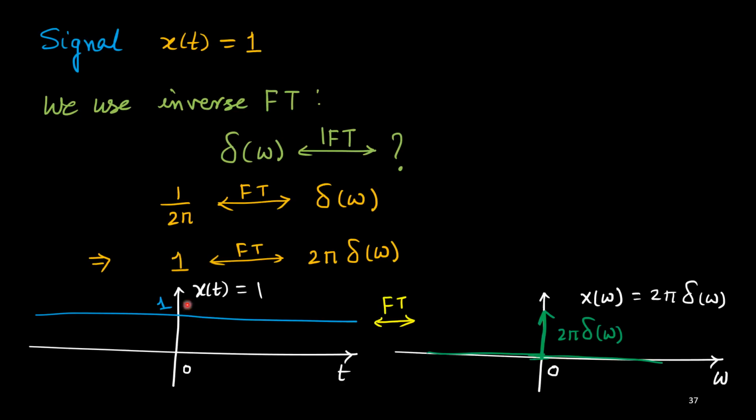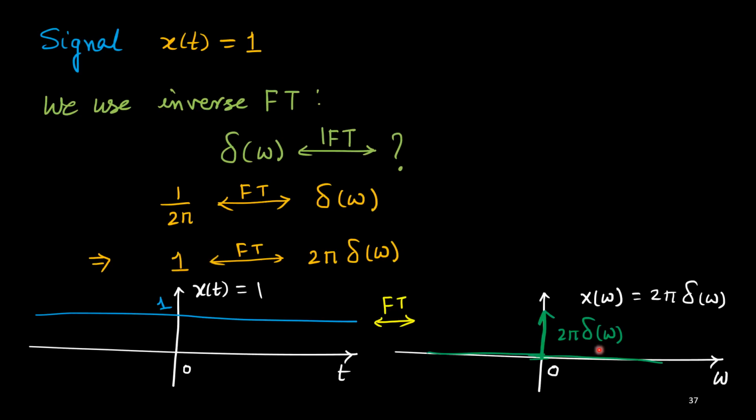So this is the shape. The signal is constant in the time domain, DC. Its spectral is an impulse, and the exact value is 2 pi times delta omega. So whenever you get some DC or pure AC, pure sinusoidal signals, every time you will get a delta function. So you should remember this concept.